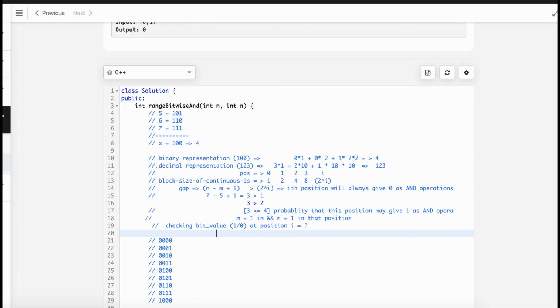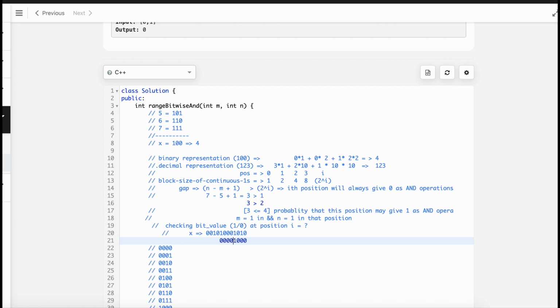In order to check the bit value in a particular position for x, suppose x has a representation like 0 0 0 0 1 0 1 0 1 0 0 1 0 1, something like this. And if we are interested in this position, then suppose we have a number where what comes after the first one doesn't matter.